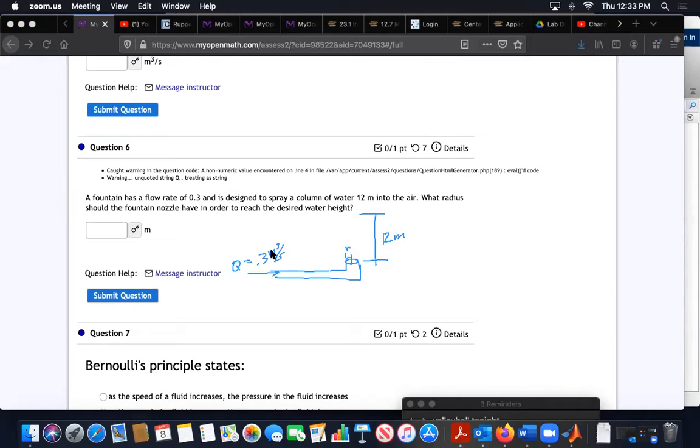All right, so there's a couple of different ways to do this. Probably the simplest way is to first try to figure out what information we're going to need to know.